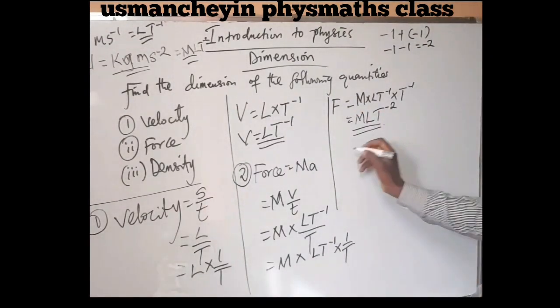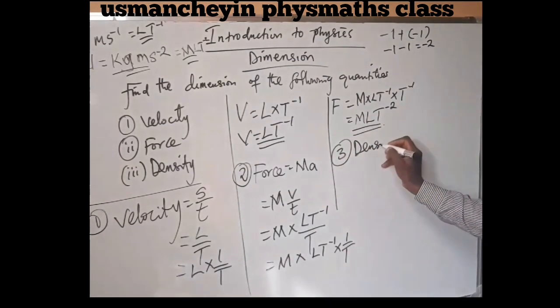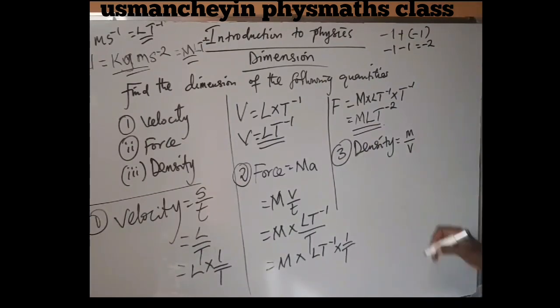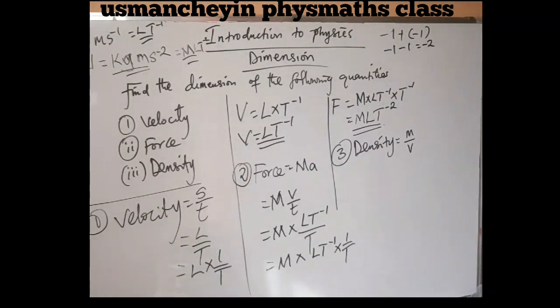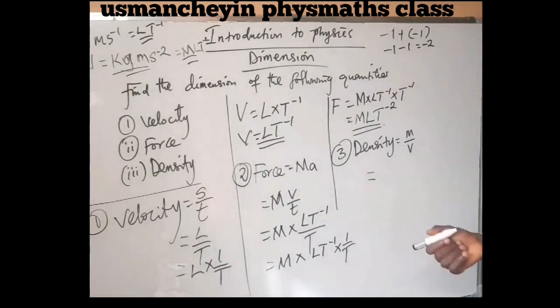So we are going to the last one, which is density. Density is equal to mass all over the volume. As I said earlier, if you want to look for the dimension of density, it's always very simple if you know the unit of density.